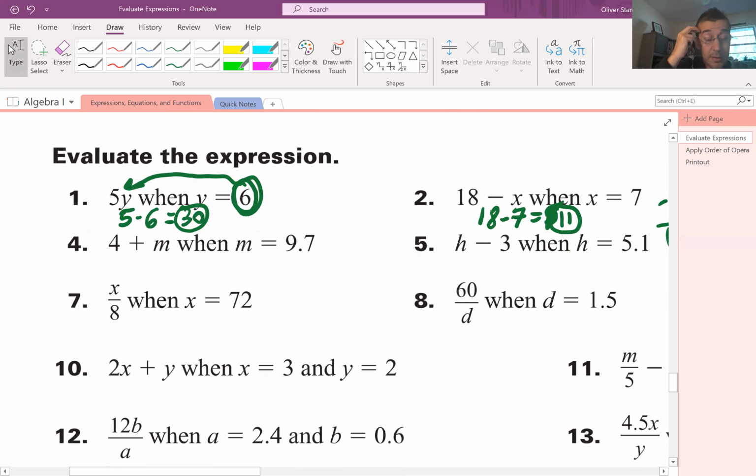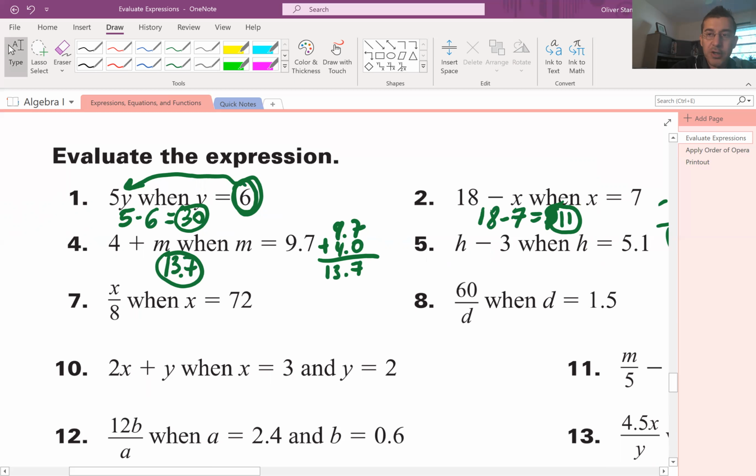All right, so next one, number 4, 4 plus m when m equals 9.7. So 9.7 plus 4, or 4.0, right? It's the same thing. So this is 7 plus 0 is 7. 9 plus 4 is 13. So this is 13.7. So 13.7 is the solution for number 4.